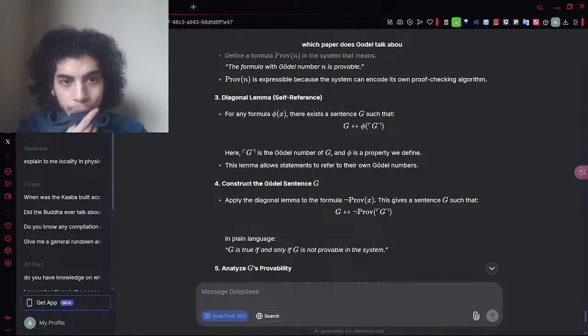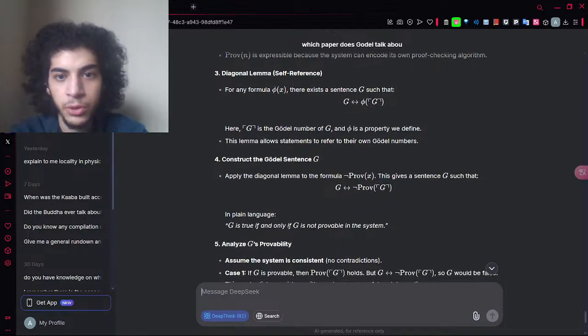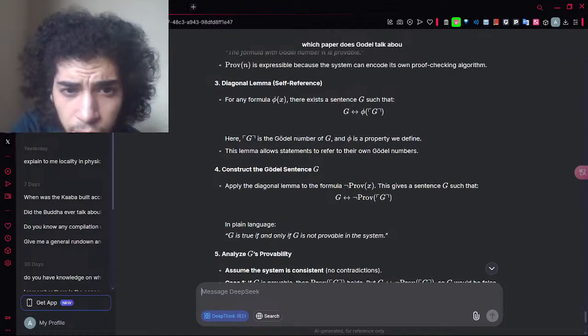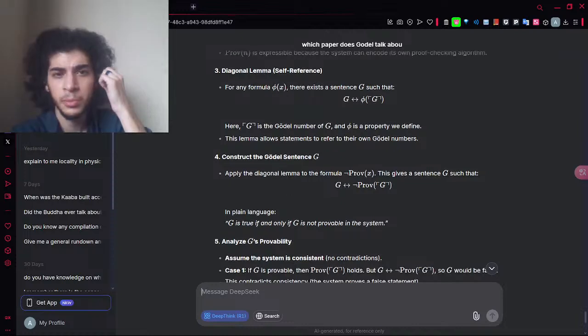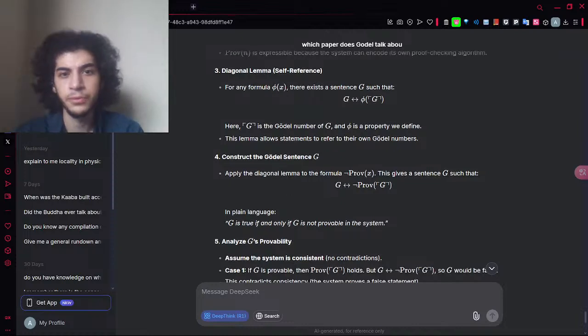This lemma allows statements to refer to their own Gödel numbers. Okay, so we make a function that refers any sentence in the system to the number.